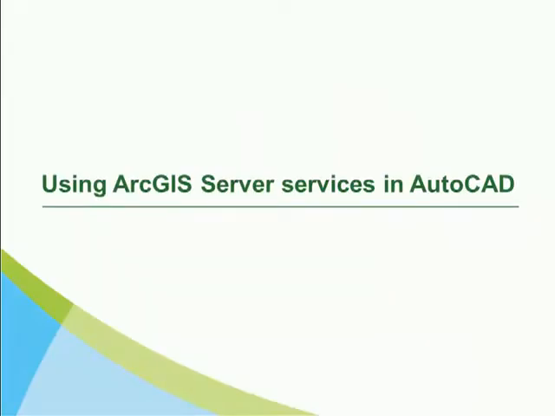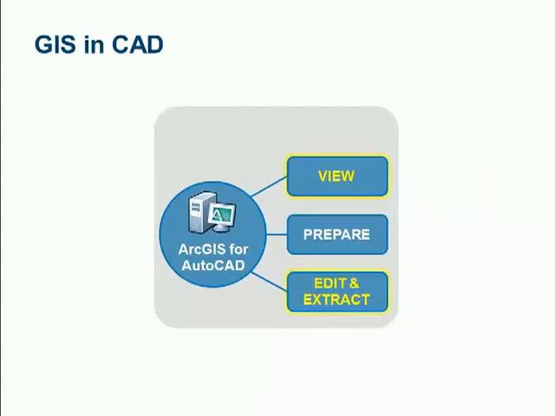Well, the methods that we've been discussing so far, and in particular in the last section, involve working with local files, drawing files. If you have ArcGIS for Server, or the people that you are working with do, an alternative is to use services for some of your workflows. In this last section, you will learn how to use ArcGIS Server services within AutoCAD.